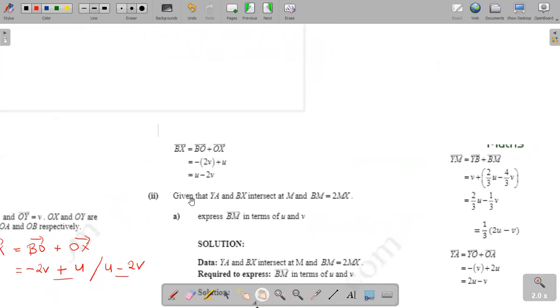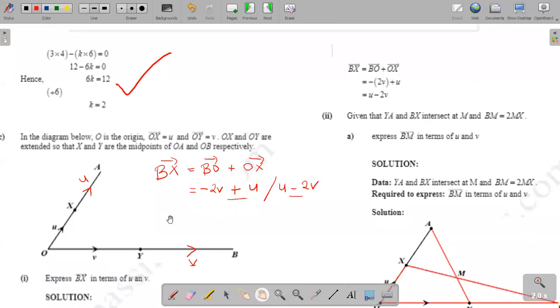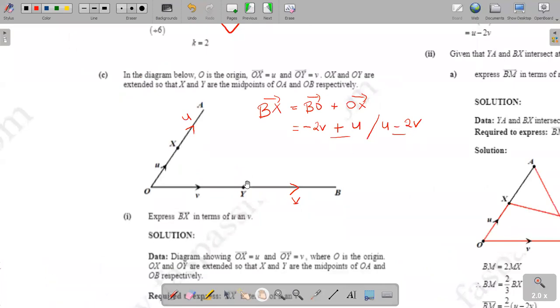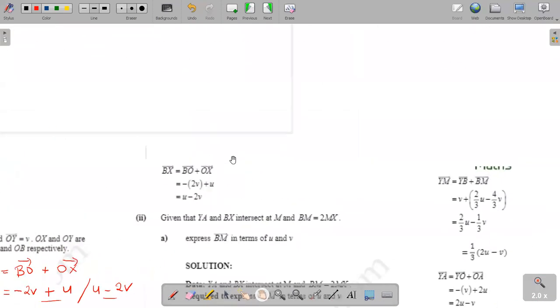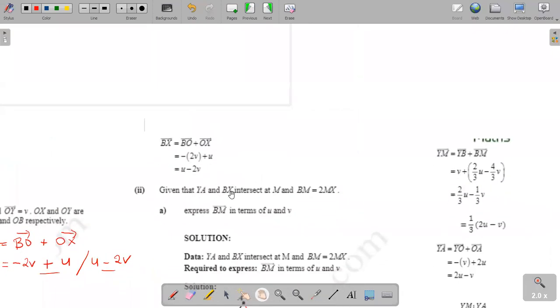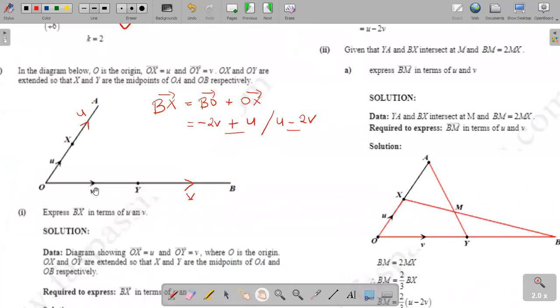All right, next one. Given that YA, where's Y? Okay, we see Y and we see A. So they're saying, given that YA and BX, where's BX? In the exam, you have to draw it, right? You know that. So in the exam, you get a pencil. They say YA, and point in the direction.